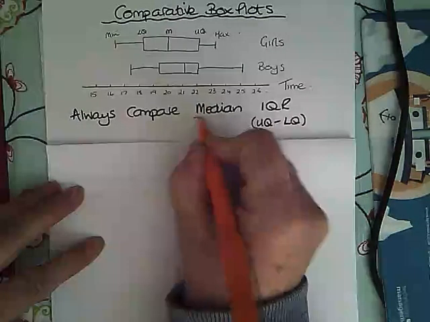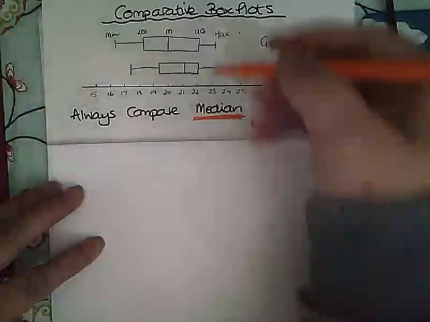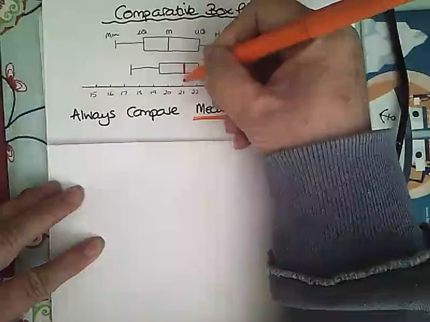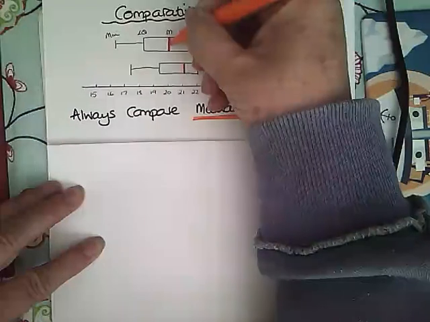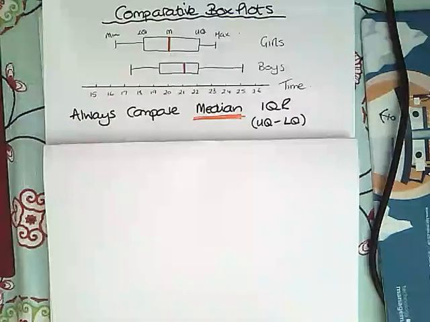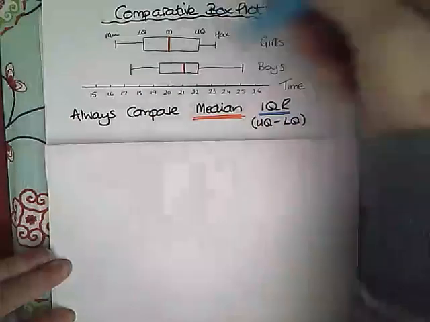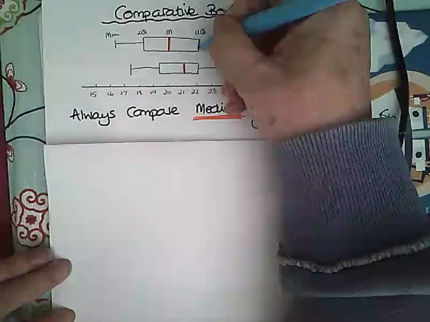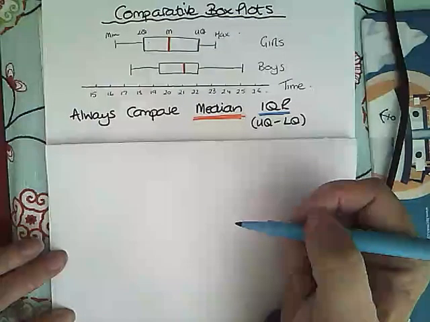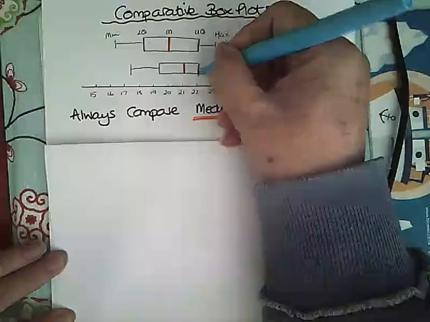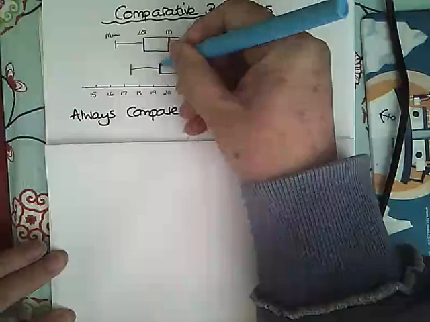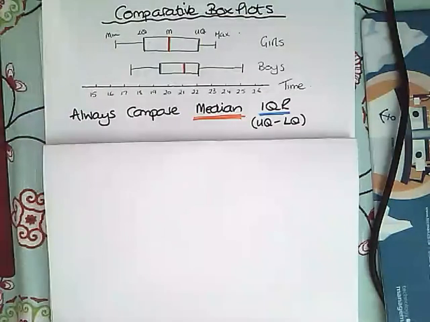So the median values, which are these values here, and you read off from the scale below, and the interquartile range, which is the upper quartile take away the lower quartile. So that value take away that value will give you a numerical value, and the value here that you read off the scale take away the value here again will give you a numerical value.